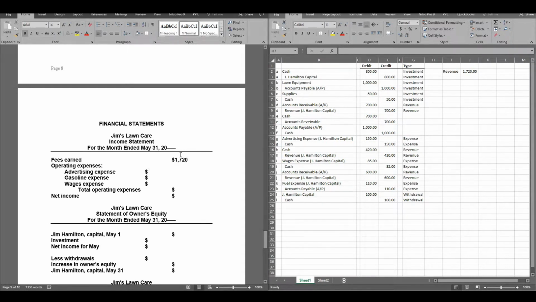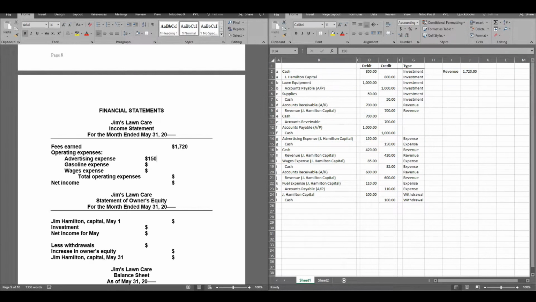So let's look at advertising expense. That's $150. Gasoline expense, $110. And wages expense was $85. So our total operating expenses, if we added those up, right, 150, 85, and 110, we get $345.